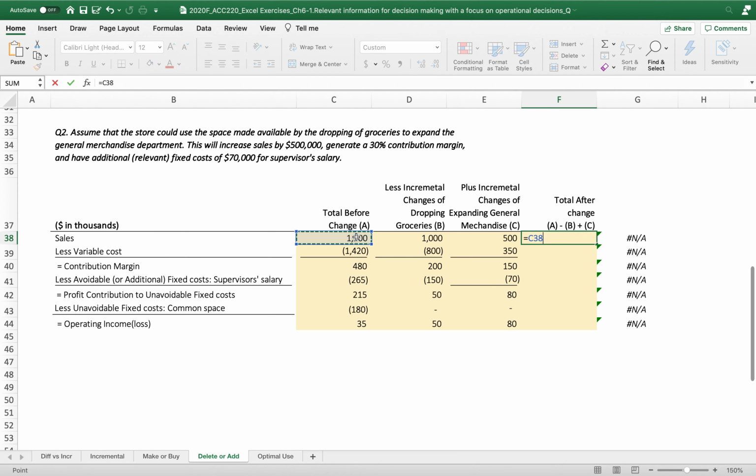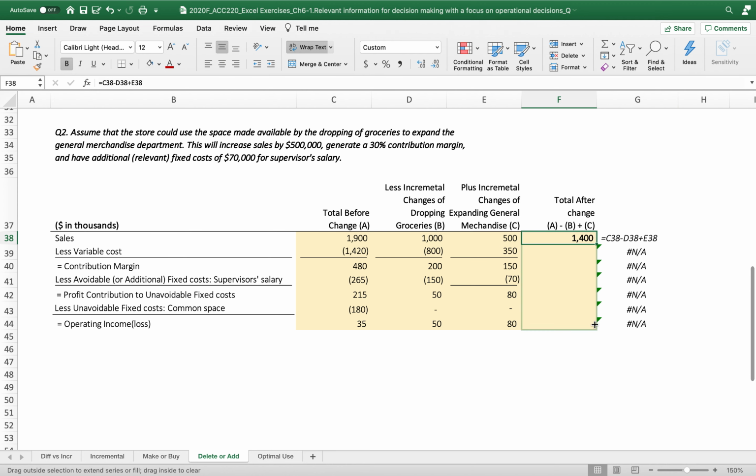So 190 plus minus 1,000, the reduced amount of sales, then plus the expanded sales of 500. So we can decrease 1,000, increase 500, and then the total after change is 1,400.